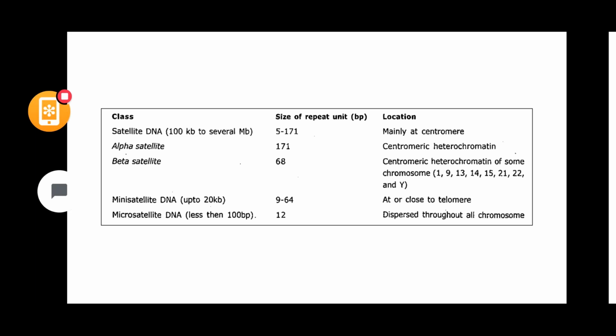Now microsatellite is less than 100 or 150 base pairs, and the repeat unit is at most about 13 base pairs, consisting of 2, 3, or 4 base pairs, not more than 4. This microsatellite is usually dispersed throughout the chromosome.